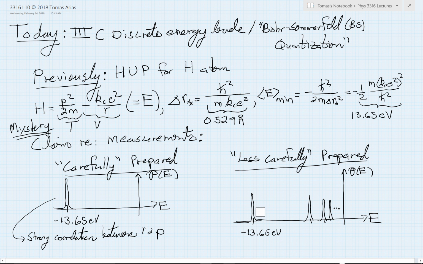Once again, we don't get a broadening of this lower peak, it just stays just as sharp. What reflects the fact these are not all in their lowest energy states is that we now measure certain other energies, but we measure those also with very sharply peaked and well-defined values. And those values begin to crunch together, and they come closer and closer, and they finally reach an accumulation point.